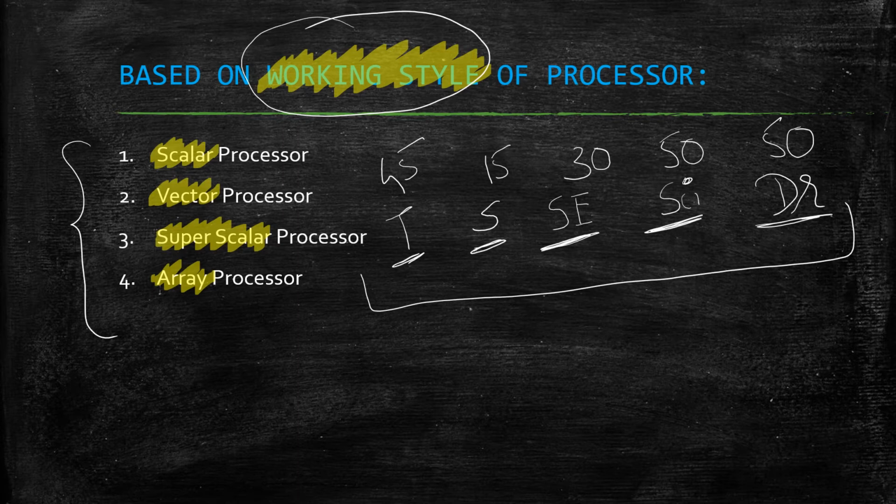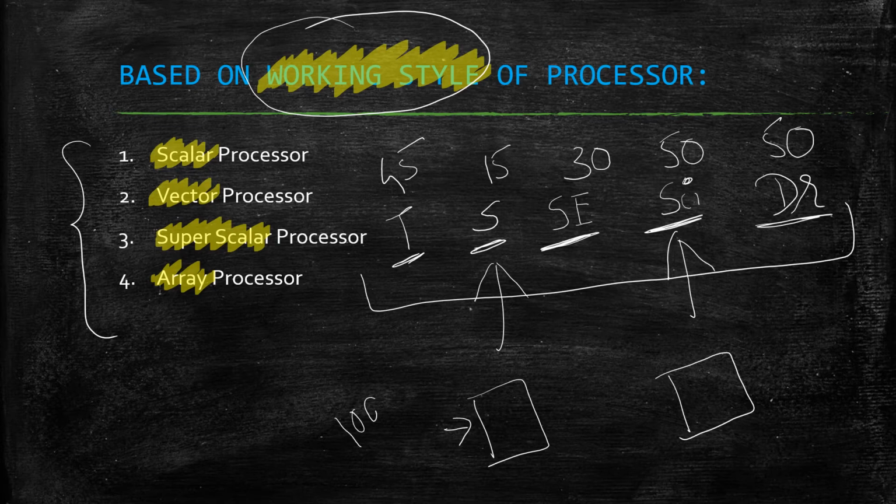If we talk about a scientist and a student, suppose I have two computers. This computer can perform, just for the sake of understanding, let's say 1,000 instructions per second. This is just a rough scenario. Can a scientist use the same computer?